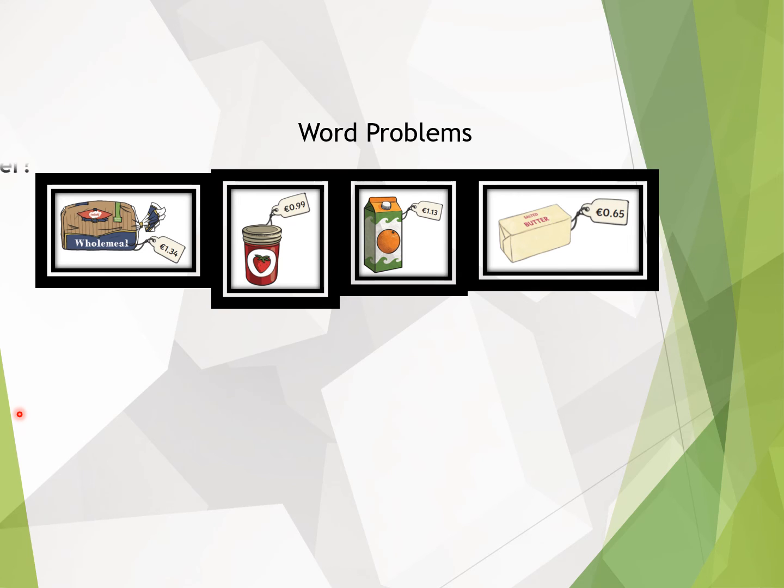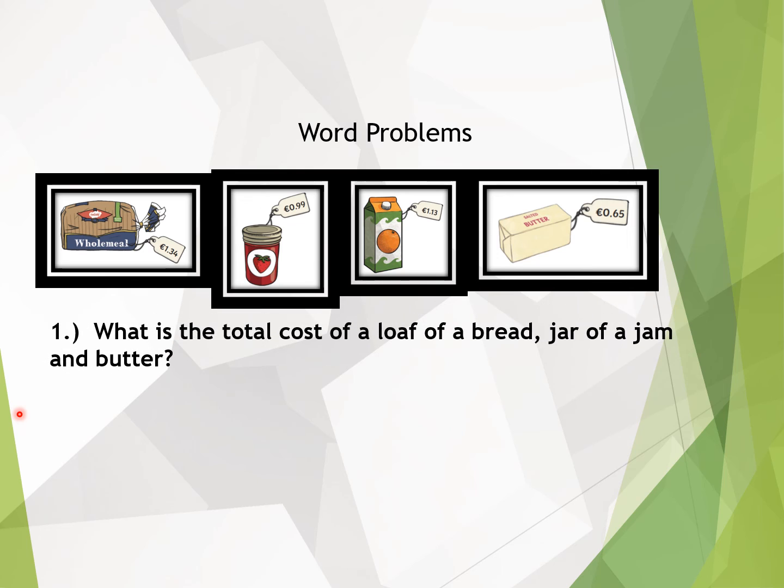So the first word problem is, what is the total cost of a loaf of bread, a jar of jam, and a butter? So we need to find the total cost of bread, jam, and butter. We need to add all these 3 products to get our total cost. So our total cost will be 2.98 euros.